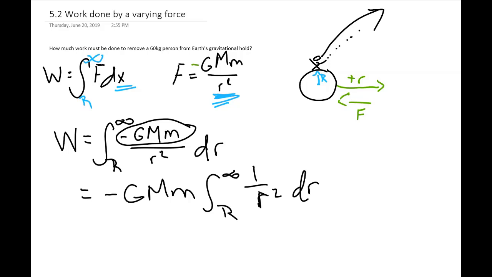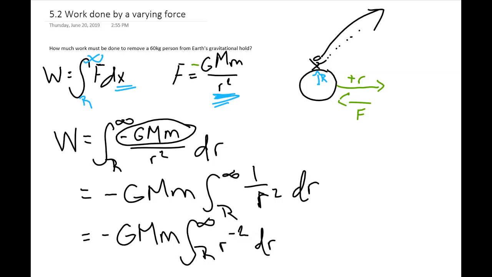Do I have to start looking at some weird integral? And the answer is no. You can actually rewrite this so that it's a really simple integral, something you've done before. So negative GMm, integrating from r to infinity. 1 over r squared is the same as r to the negative second. And so now it becomes really easy. You're just undoing the power rule, right?